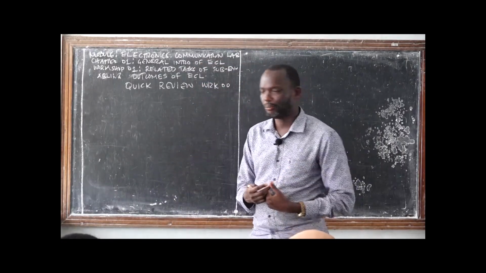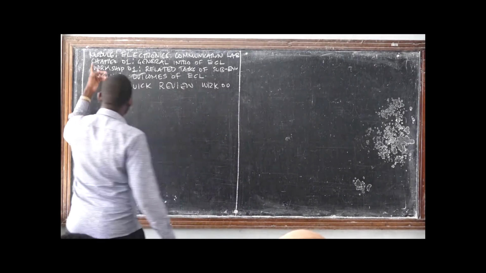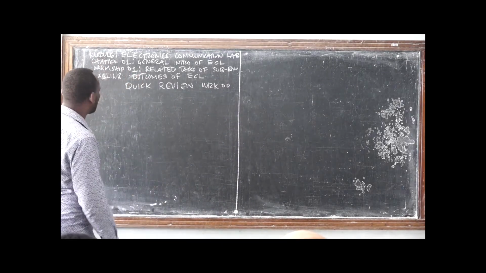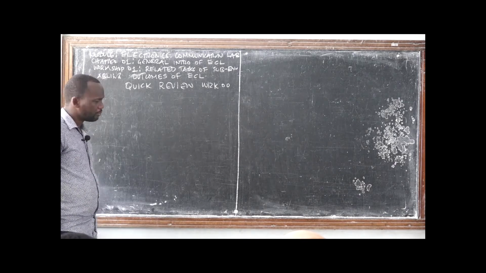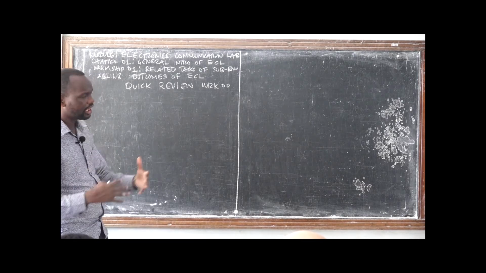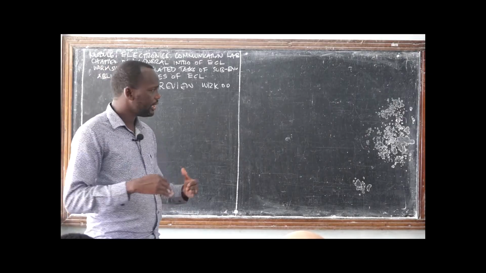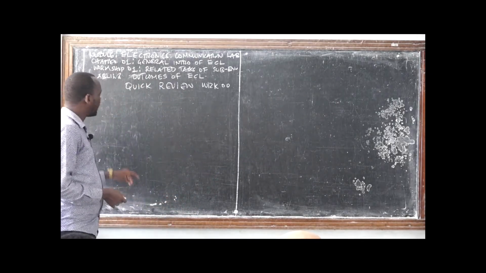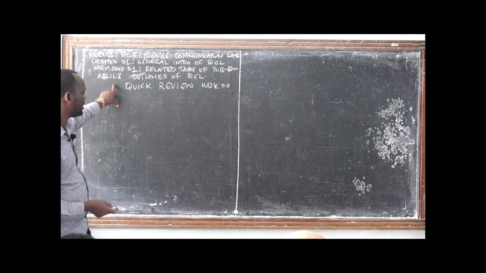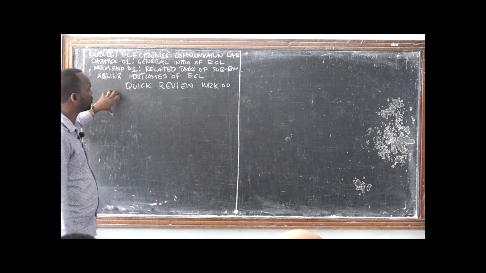Let us go to the business. The module is called Electronics Communication Laboratory, one of the modules we teach first year students in the Bachelor in Electronics and Telecommunication Engineering at Dar es Salaam Institute of Technology. We are in chapter 1. We are going to learn 7 chapters that I will mention later in this workshop.